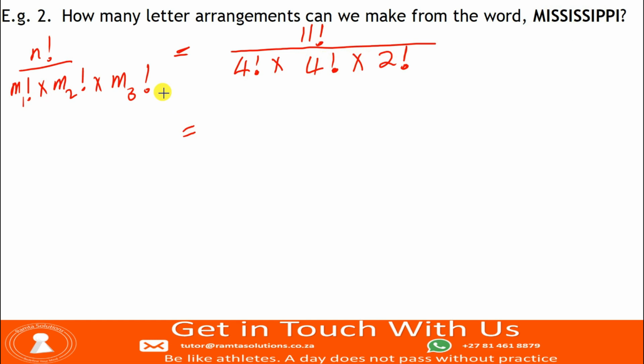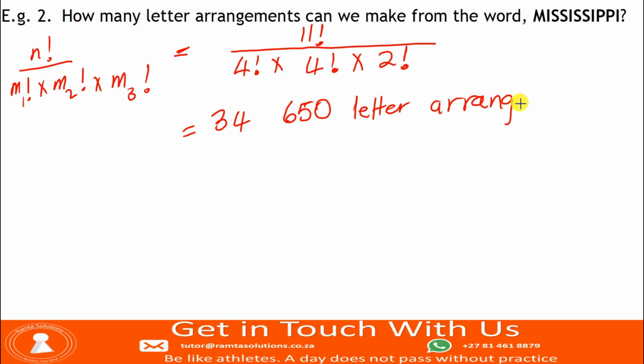So what is it? It's 11 factorial over 4 factorial multiplied by 4 factorial multiplied by 2 factorial. So how many words can we make? 34,650 letter arrangements. Oh my.